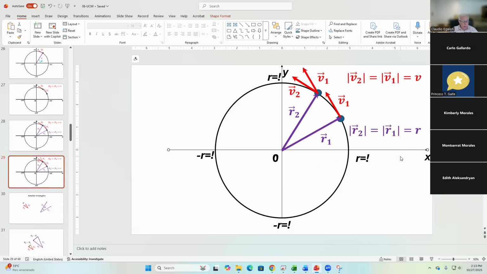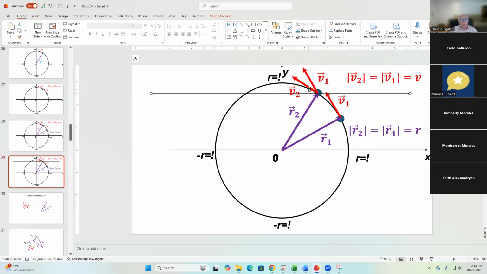How do we prove that? Well, just analyze it, just like we did before. This angle here is 90 degrees, right?